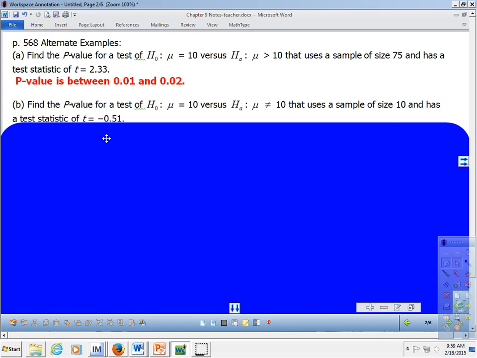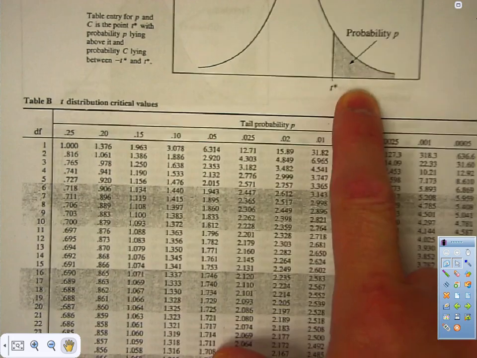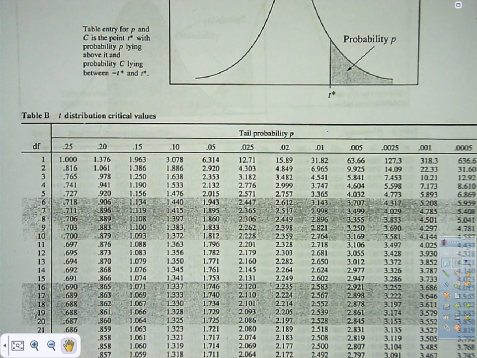Okay, so what did you come up with? All right, well, two ways we're going to do this. We can use the table, and I'll do the table first. Negative 0.51. Well, let's look at what the table actually does for us. It reports area in the upper tail, okay? But a t-curve is like a normal curve in that it is symmetric.